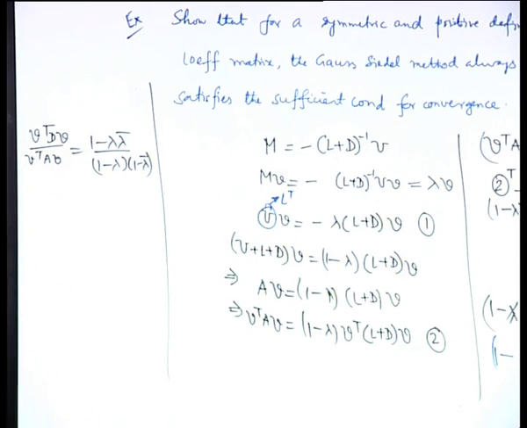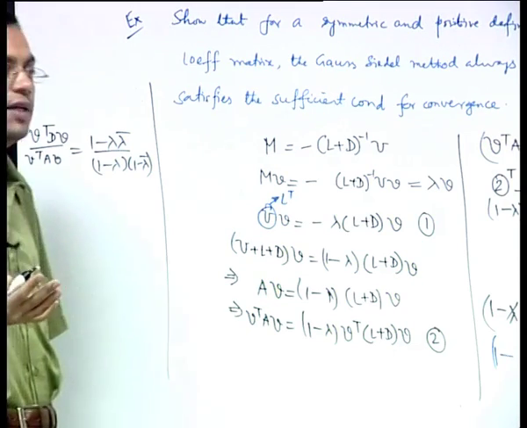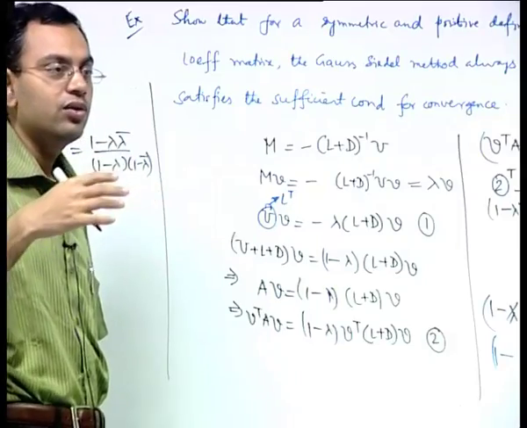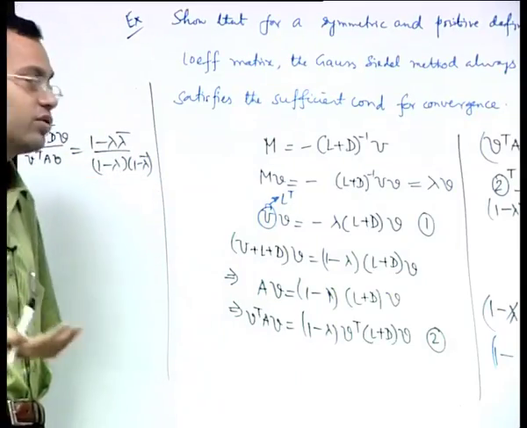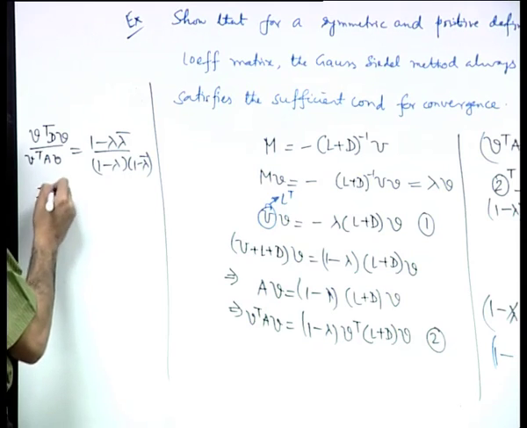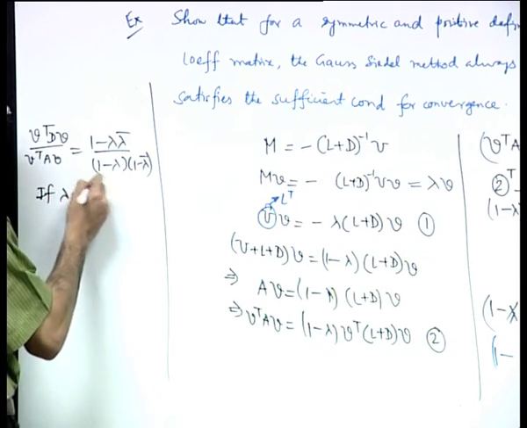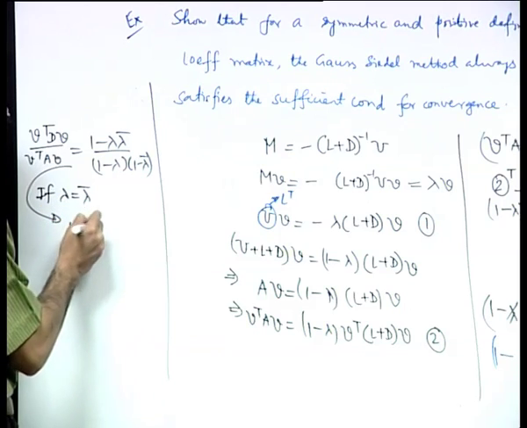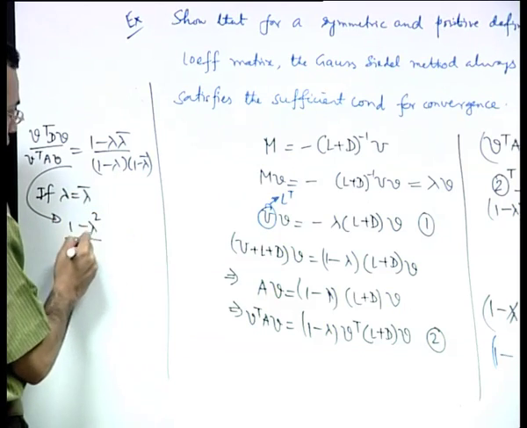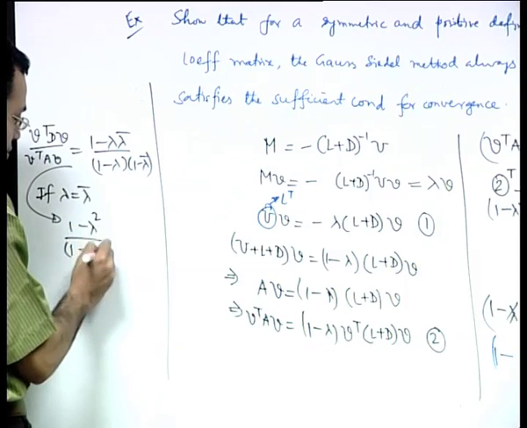Let us take the simple case when lambda bar is equal to lambda. We have seen that it is possible that by transposing you get the eigenvalue which is the same as the eigenvalue without transposing. So if lambda is equal to lambda bar, then this becomes 1 minus lambda square by (1 minus lambda) whole square.